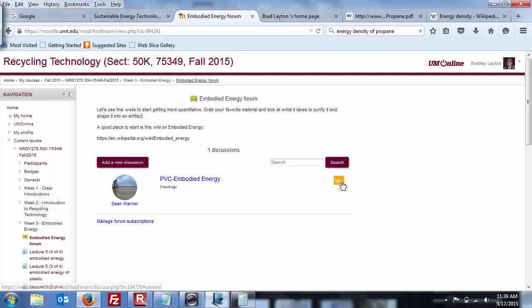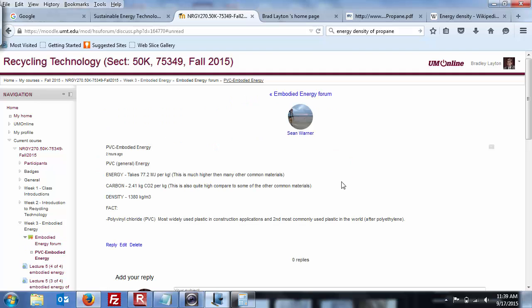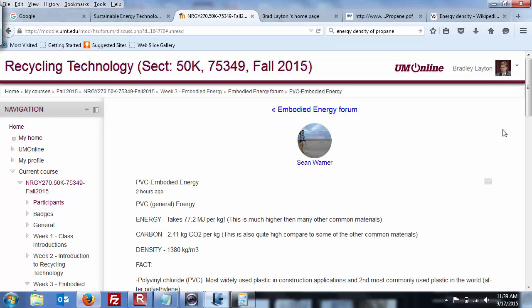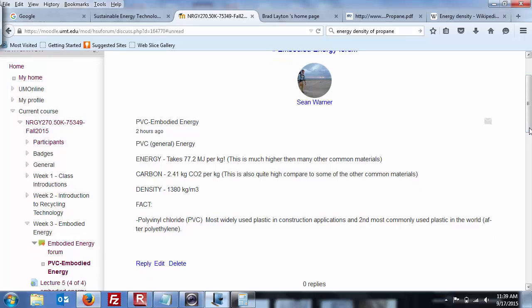And let's see what Sean has to say. PVC, embodied energy. See if I can make this a little bigger for you. Okay, so you took the numbers that we looked at from the website, 72.2 megajoules per kilogram.